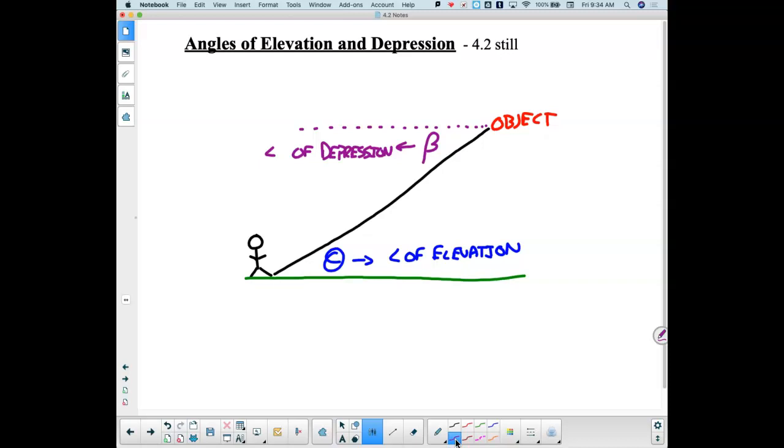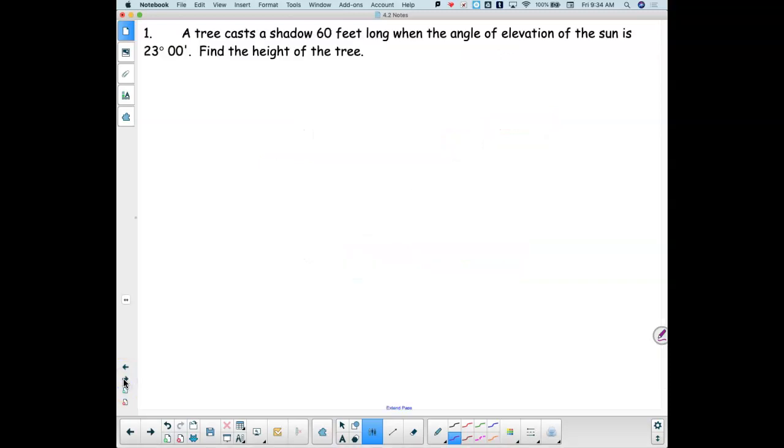So, on the front side of 4.2 word problem practice, we're going to do number 1 now. A tree is casting a shadow 60 feet long when the angle of elevation of the sun is 23 degrees, 0 minutes. We want to find the height of the tree.